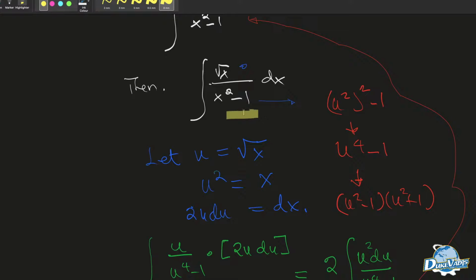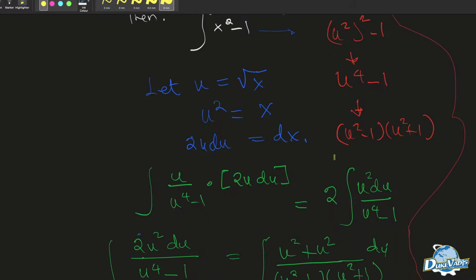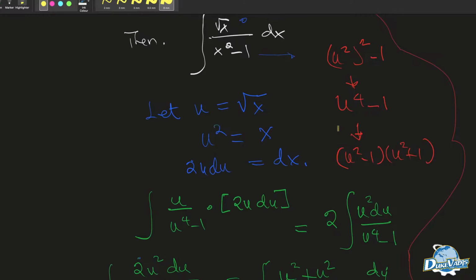But beneath here, when we substitute the u squared to be x into the expression, that will be u squared to the power 2 minus 1. And that gives us u raised to the power 4 minus 1. Okay? Then we had this, u raised to the power square minus 1.